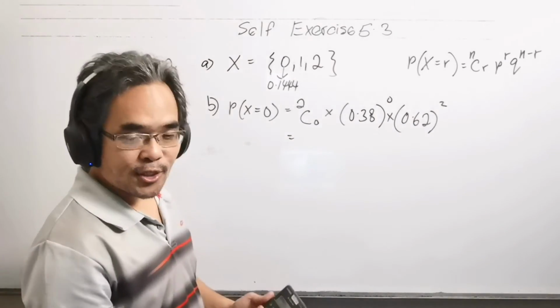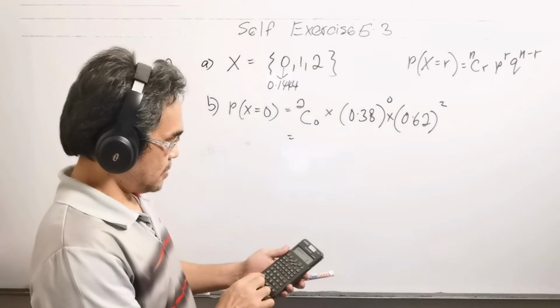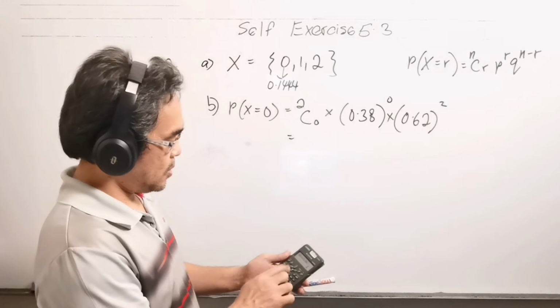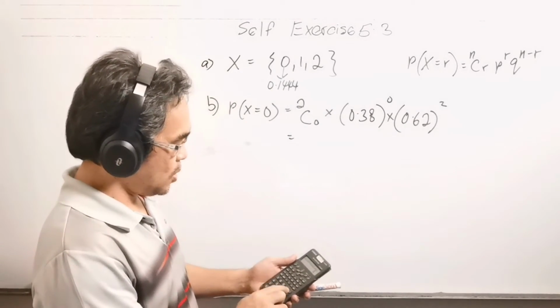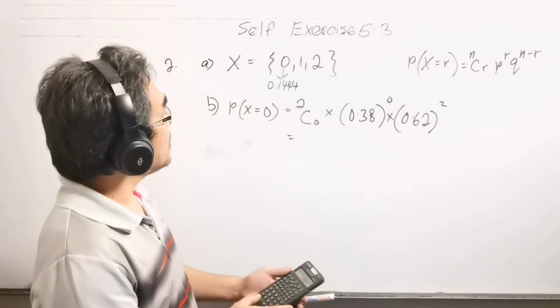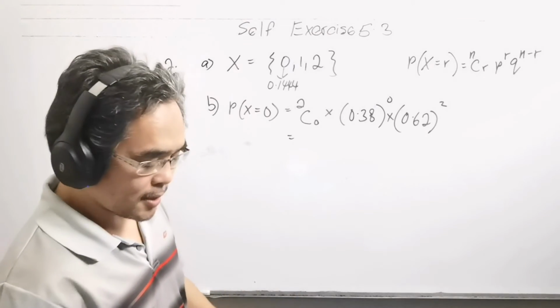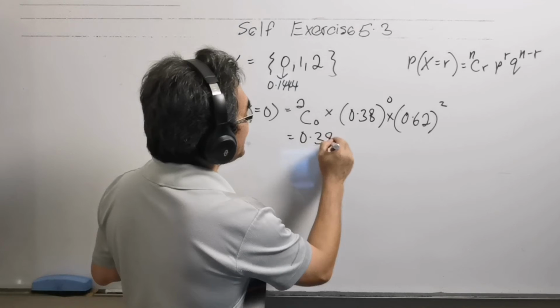If you are using a fraction, 38 over 100, you have to put a bracket. To the power of 0, you put times 0.62 to the power of 2. Right? So I get 0.3844. Do you have 0.3844?